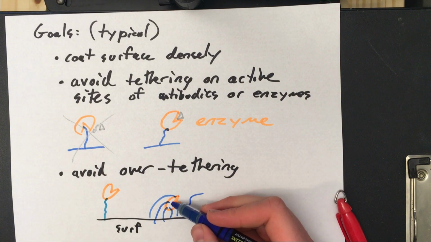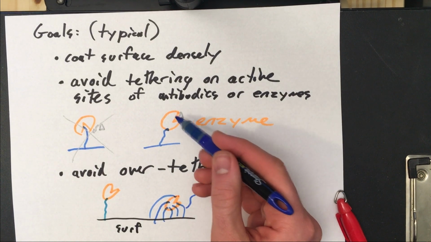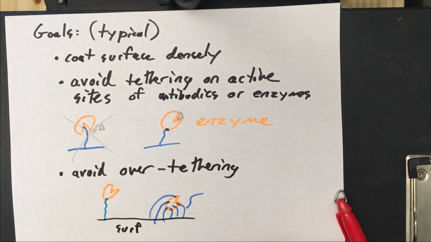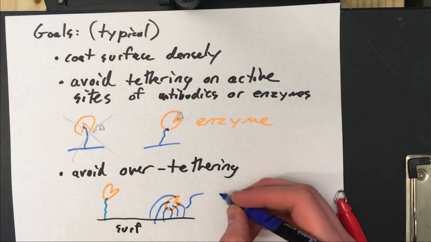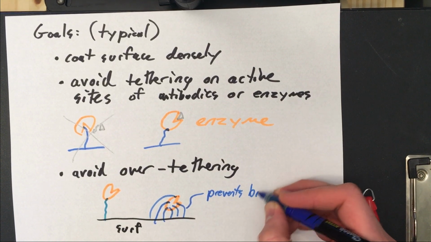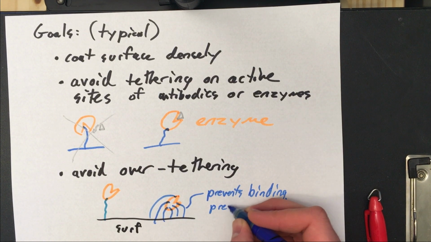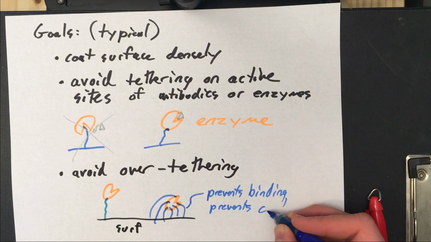oftentimes when antibodies or enzymes are binding to our analyte of interest or our cell of interest, they need to undergo some conformational change. And over-tethering prevents binding, maybe prevents conformational change.